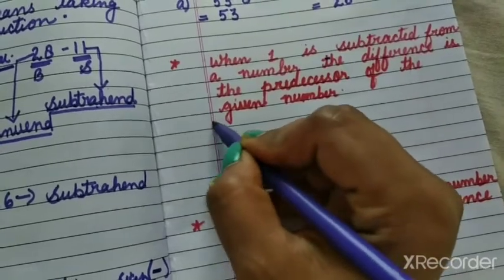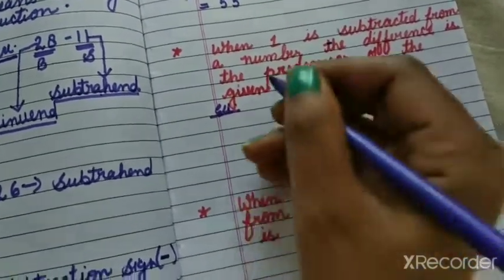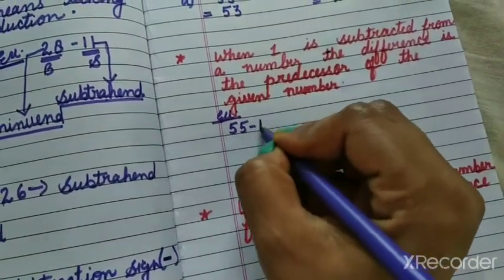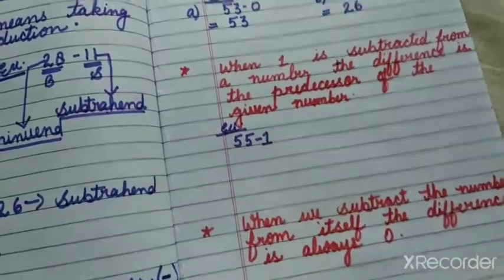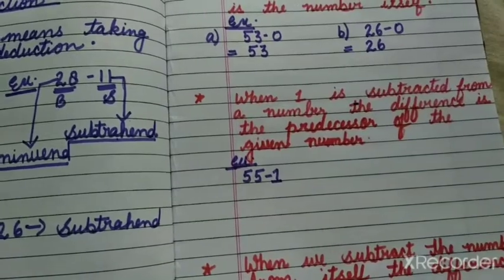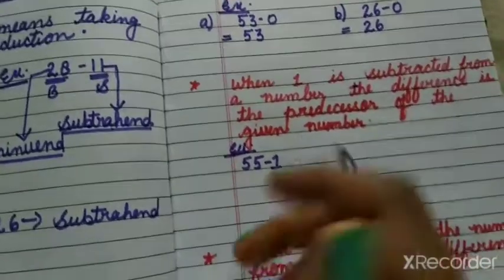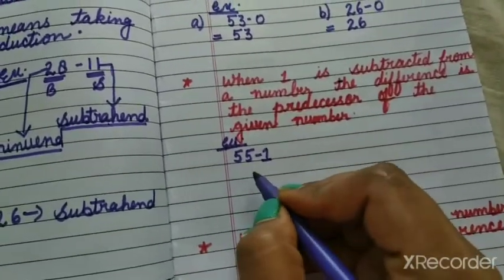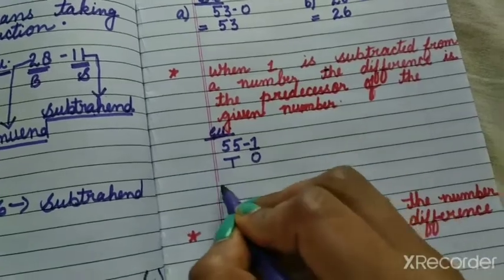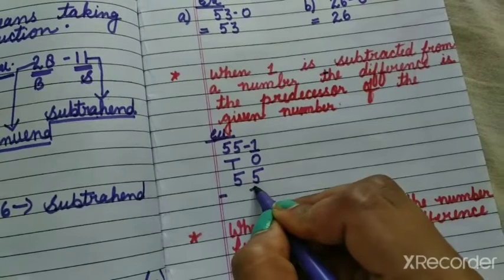Let's do example. 55 minus 1. So, children, let's think, what is the predecessor of 55? 54. So, let's do solution also. Can we get 54? Tens and ones. 55, 1.